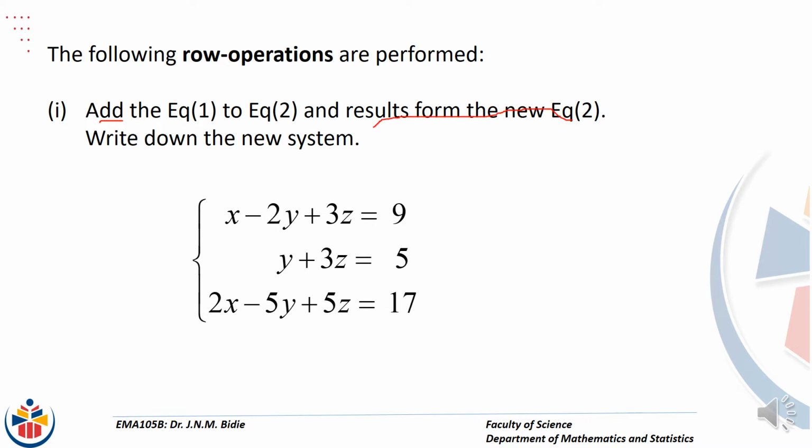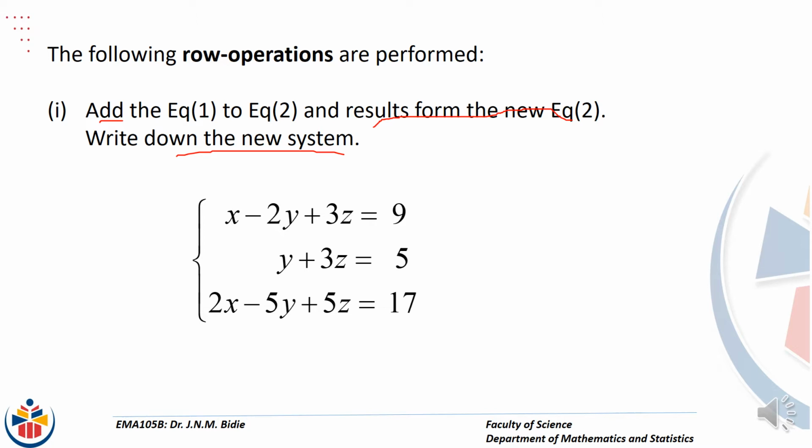So what you do now is write down the new system: the first equation that has not changed, the third equation that did not change, and the second equation that has changed. Now, remember, we have to eliminate x in the third equation as well. So we use the first equation to eliminate that x.